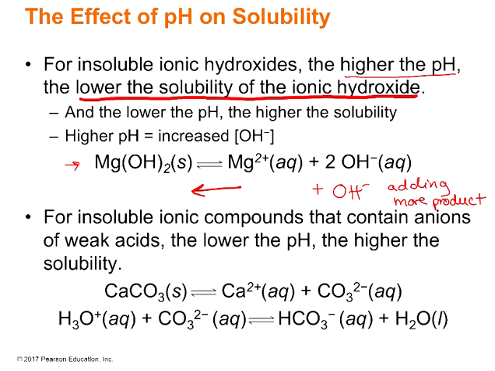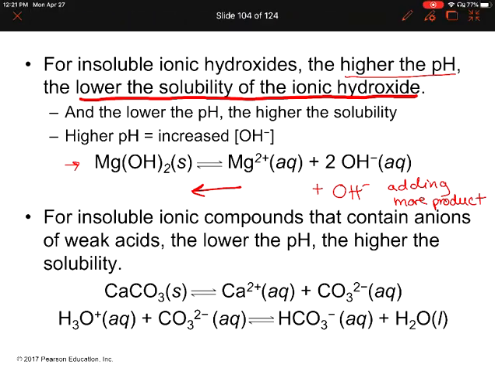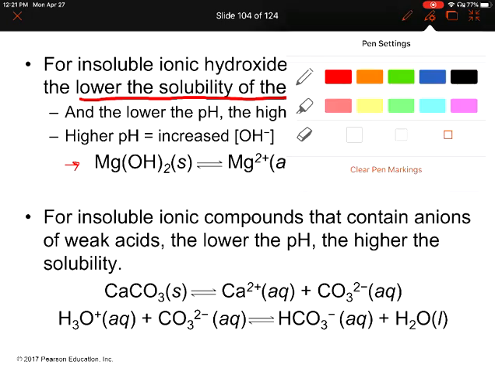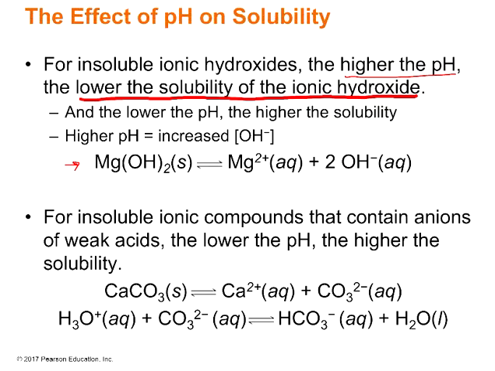Now, what if we add acid to this solution? Let's say we add some hydrogen ions. That means we're going to see a reaction between hydroxide and hydrogen, which will produce H2O.